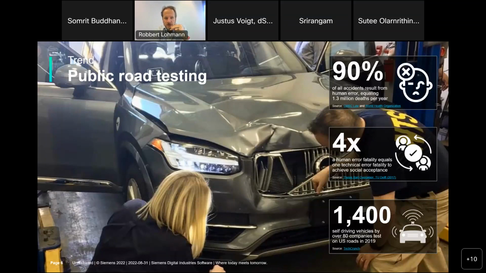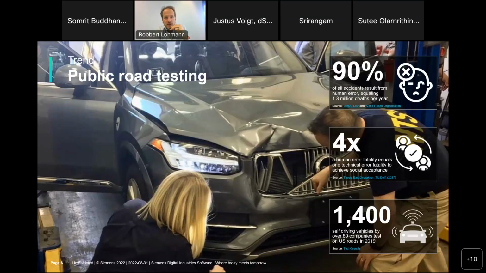If we want to make autonomous vehicles safer, and we are going for public road testing, it should be noted that when technology makes a mistake and causes an accident, that's seen as just as bad as 4 road accidents that are resulting from human error.